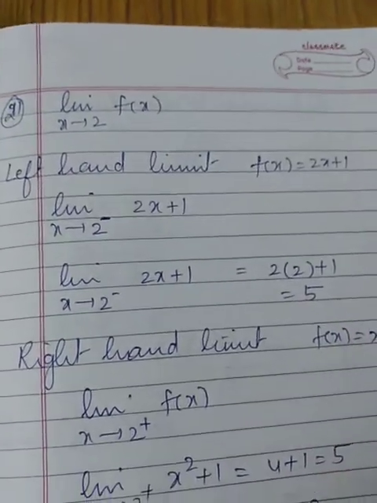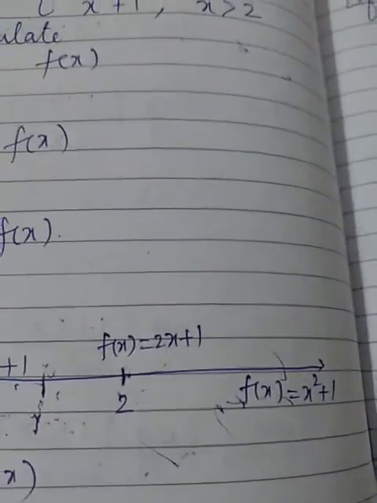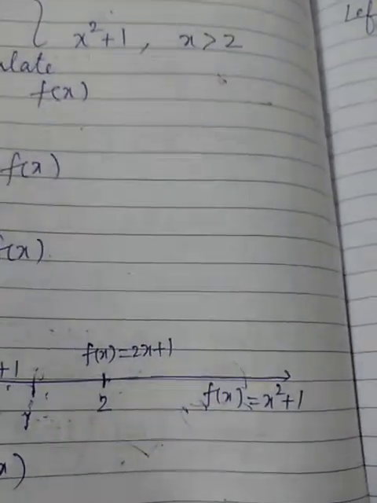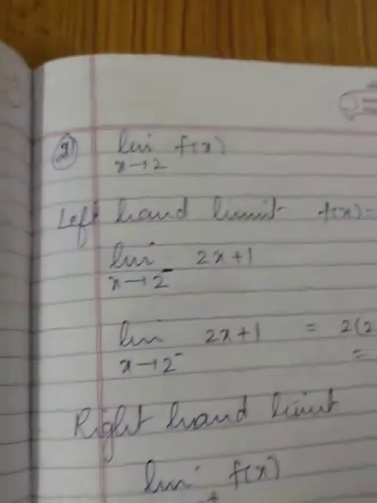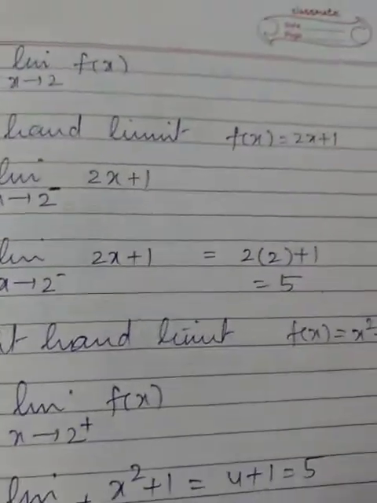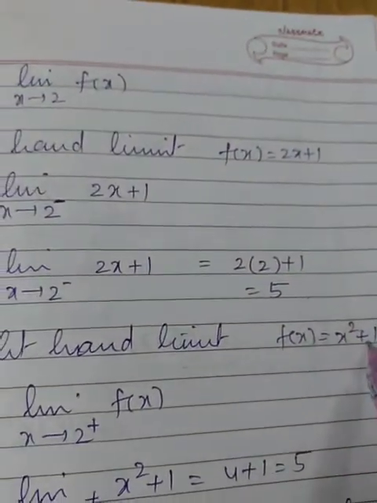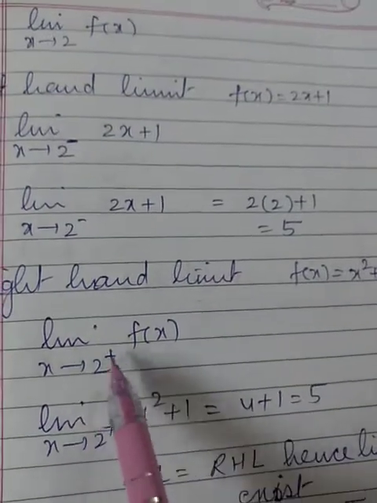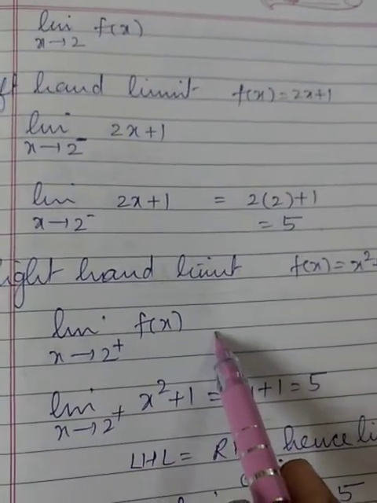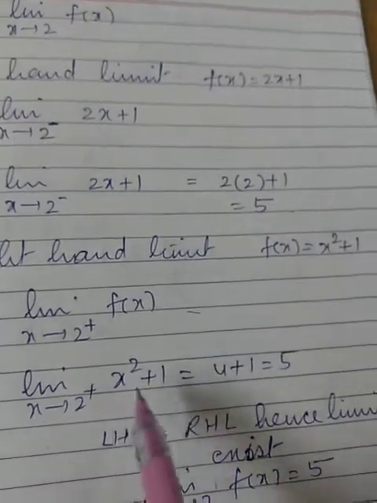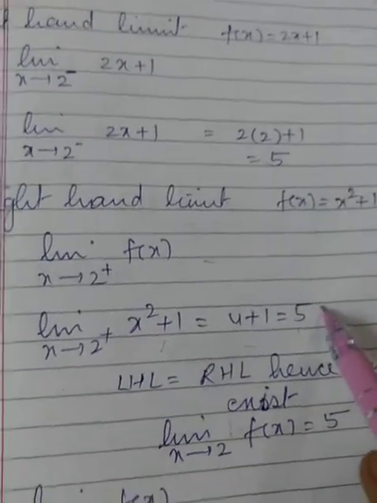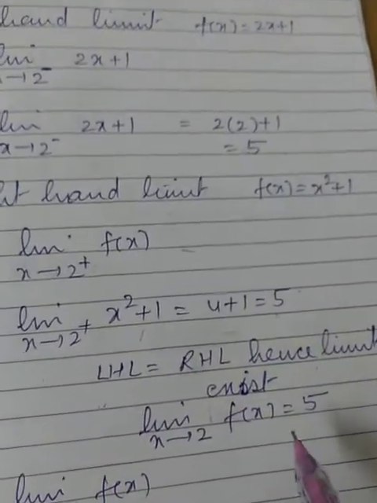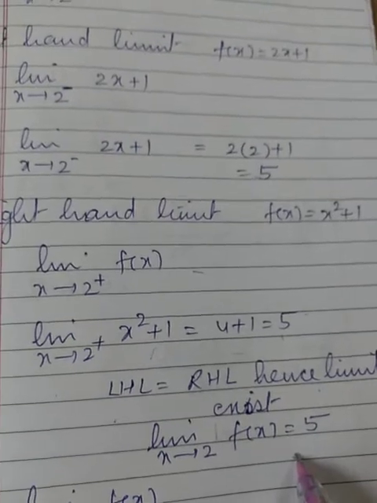Now, for the right hand limit, on the right hand side of the number line we have x square plus 1. We represent it as 2 plus, meaning we are coming from the right hand side. Now we substitute 2 here, and we get 5. The left hand limit is 5, the right hand limit is 5, both are equal. So the limit exists and the value is 5.